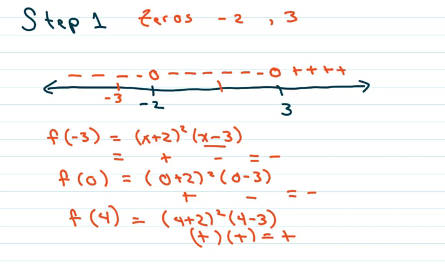So the graph's going to be below the x-axis from -infinity to 3, and above the x-axis, if this is y equals 0, this is your x line, from 3 to infinity.